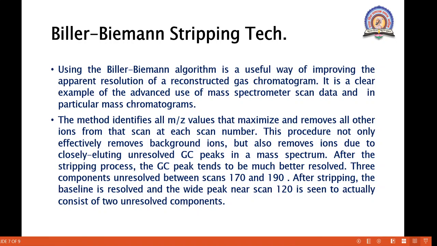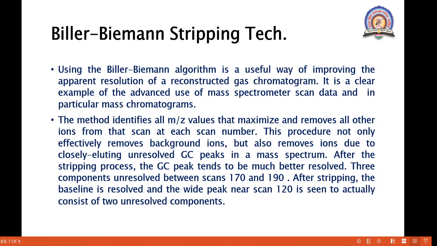The method identifies all m/z values that maximize and removes all the other ions from that scan, at each scan number. This procedure not only effectively removes the background ions but also removes the ions due to closely eluting unresolved GC peaks in the mass spectrum.